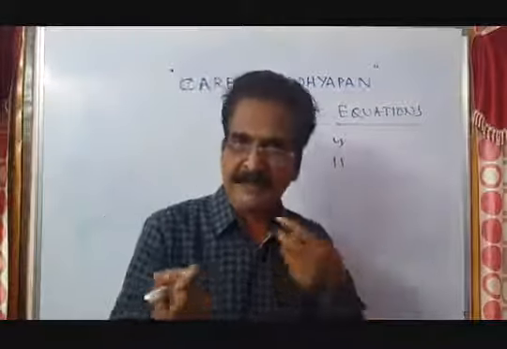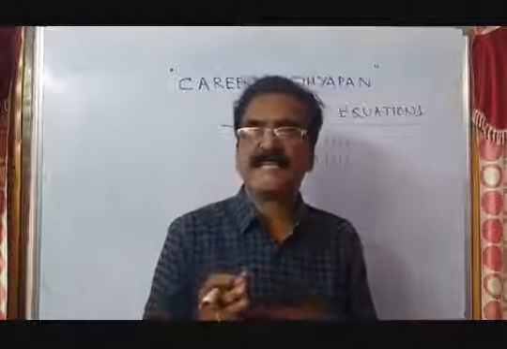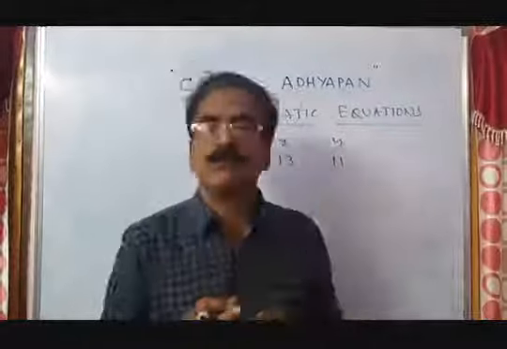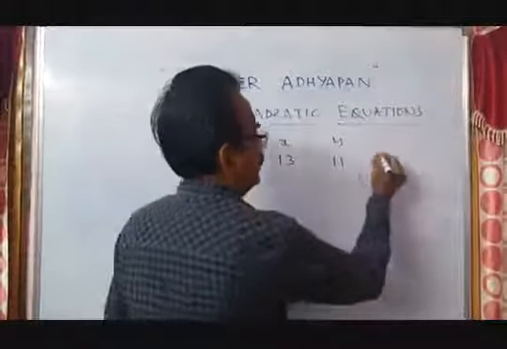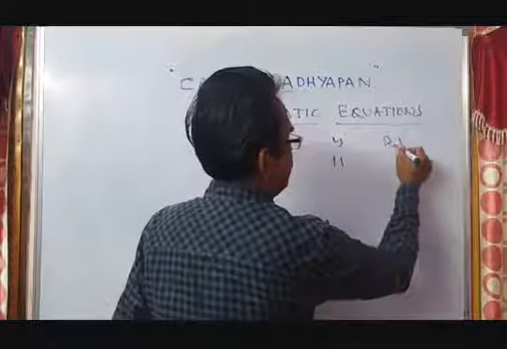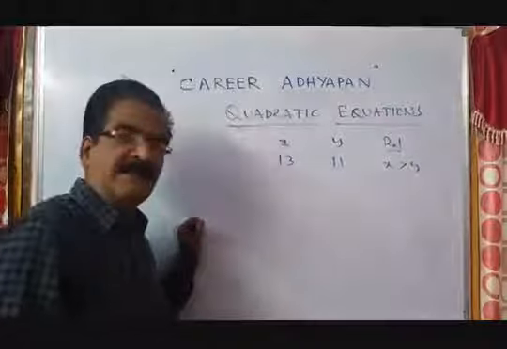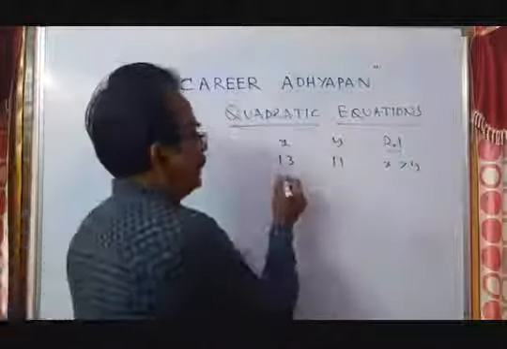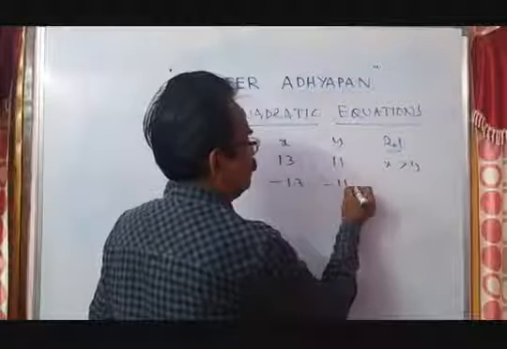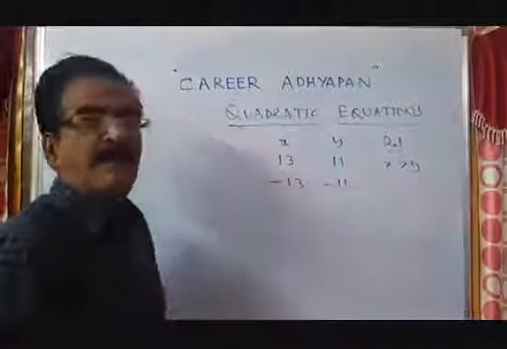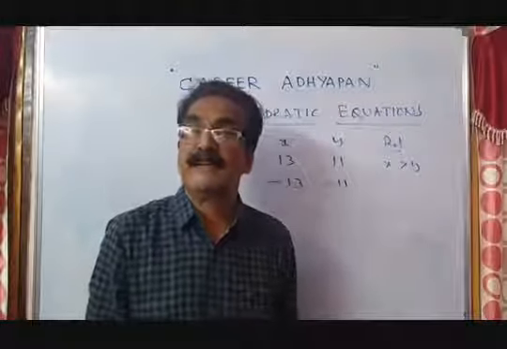On solving the given two linear equations, you got x is equal to 13 and y is equal to 11. So clearly the relation is x greater than y. If x is equal to minus 13, y is equal to minus 11.